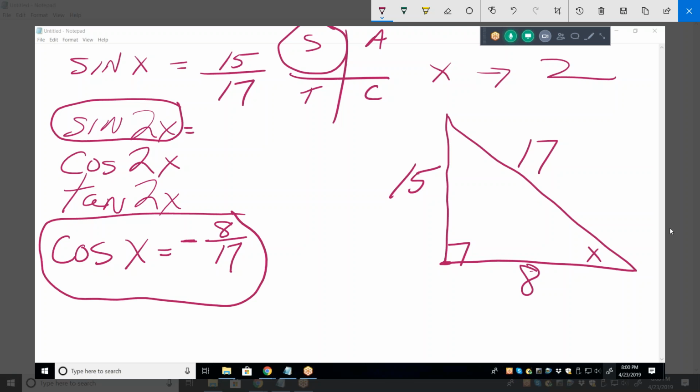But you need to know the double angle identity for sine: 2 sine of x, cosine of x. We know the sine of x, and we know the cosine of x now. So that's 2 times 15/17 times a negative 8/17. Got it? I don't want to go on until I make sure you understand what I'm saying.